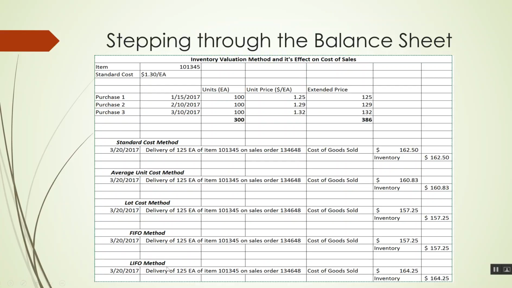But you can see under the LIFO method, my costs are higher because under LIFO, we're executing our sales first against the last tier, which would be this tier in March, which is $1.32. Then we sold 25 units out of this cost tier for $1.29. So you can see under the LIFO method, being that we're in a period of escalating cost, it was the largest cost of all these different methodologies.